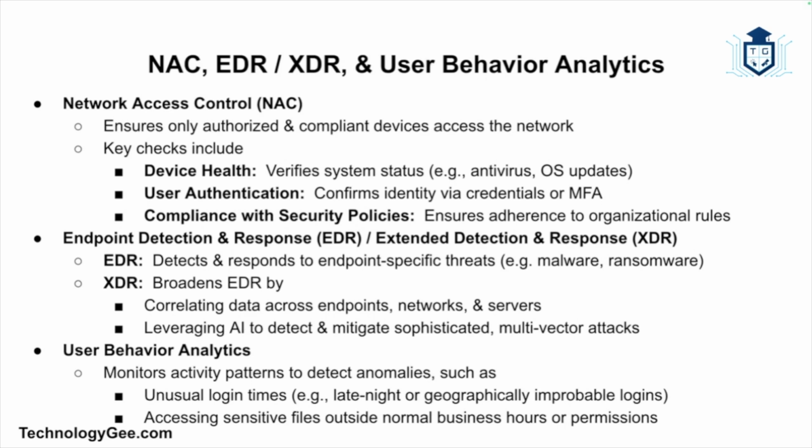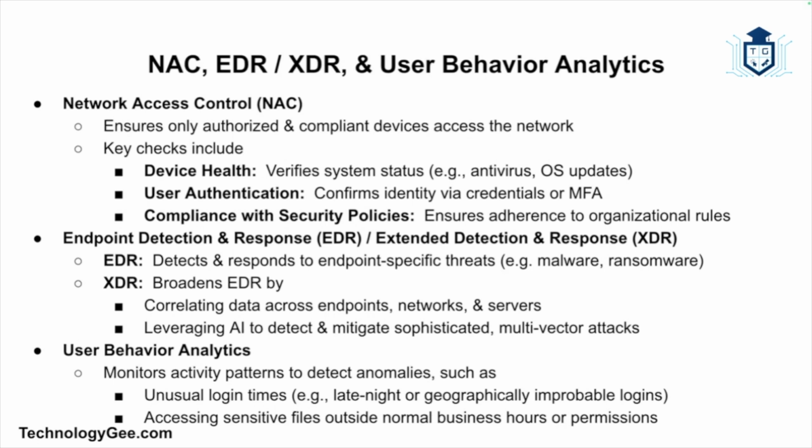And then that leads us to EDR, or endpoint detection and response, and extended detection and response, or XDR. So EDR, this focuses on detecting and responding to endpoint specific threats. And XDR, this extends this into correlating data across endpoints, networks, and servers, and using AI to identify sophisticated attacks.